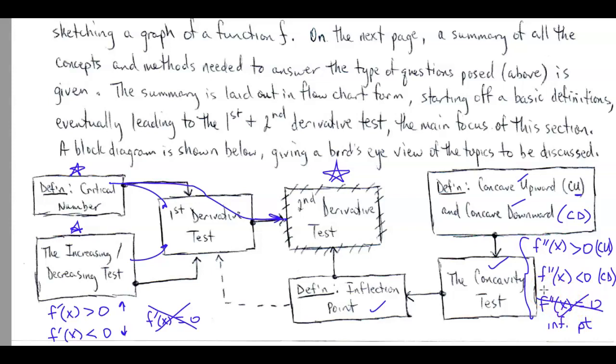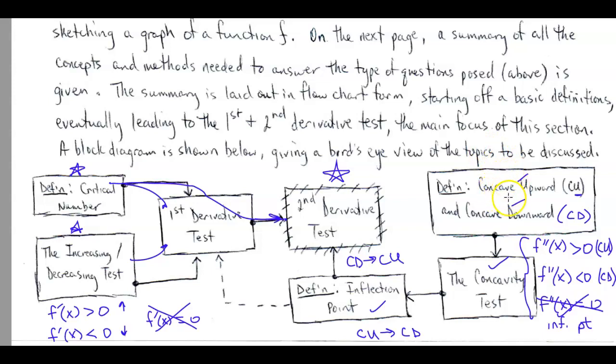Especially whenever we're curve sketching. Now, of course, an inflection point is simply going to be defined as a point in our graph where we switch from either being concave down to concave up, or we go from concave up to being concave down. And again, I will show you pictures of what that looks like here in just a second.